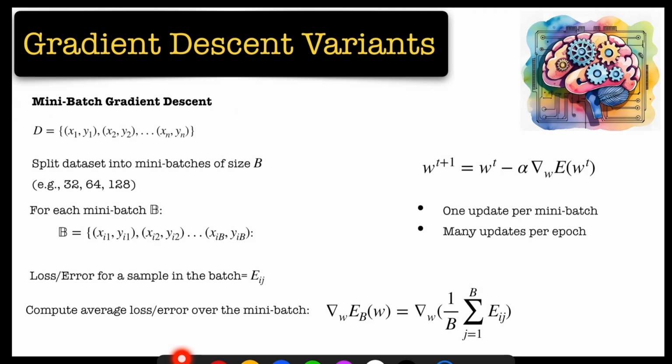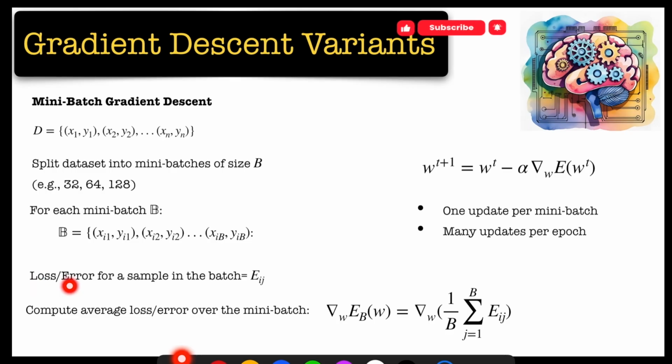Next, mini batch gradient descent. In mini batch gradient descent, let's say this is the full data set we have. We split the data set into mini batches of size B. B can be 32, 64, 128, etc. For each mini batch, we'll compute the error or loss.